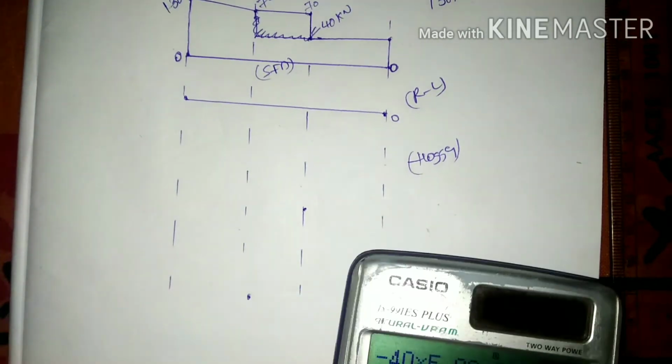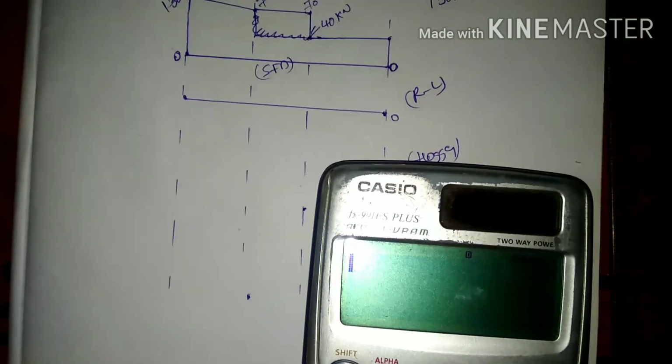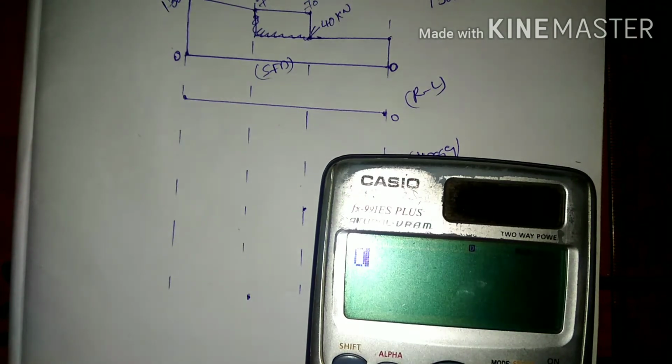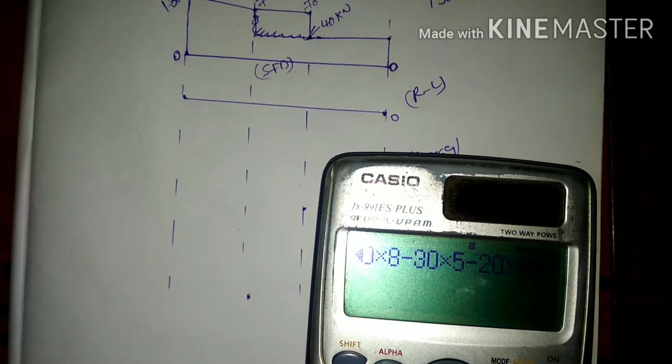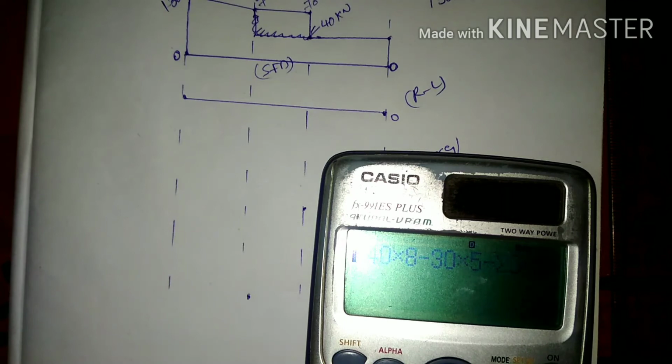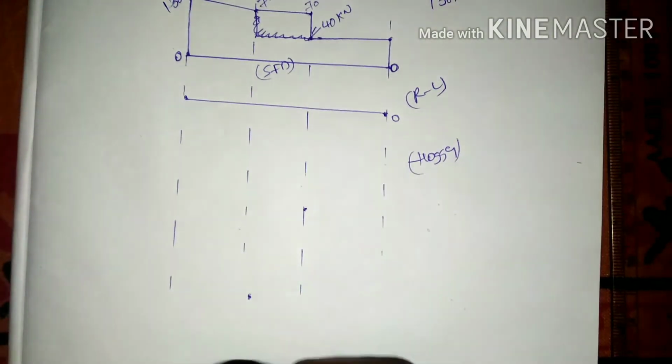And next, for the moment about A, minus 40 into the total distance 8, minus 30 into 5, minus 20 into 3 into 1.5, that is minus 560.